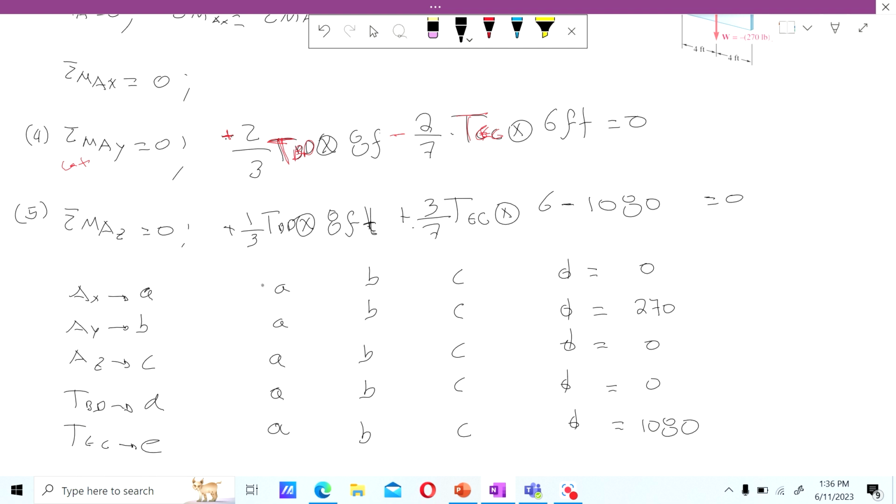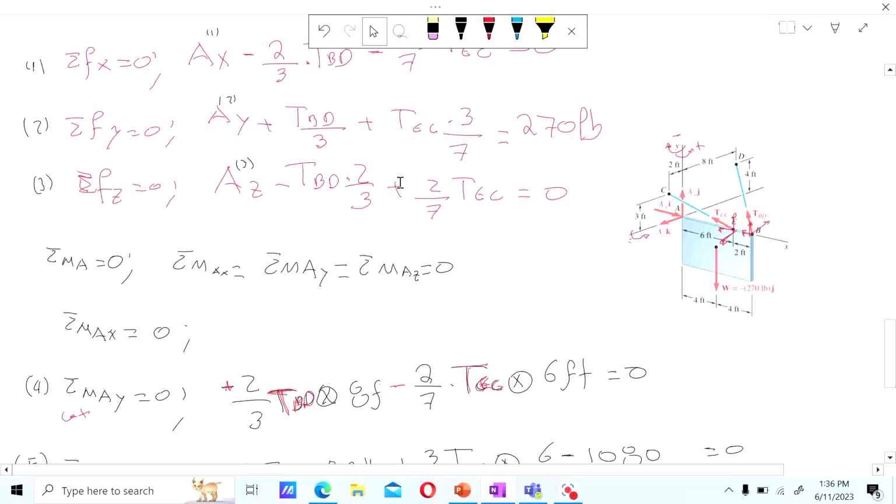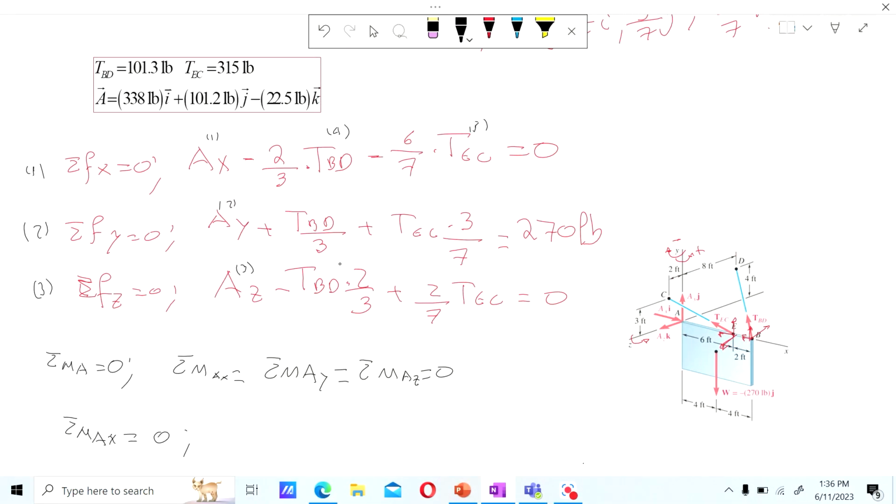And A is AX, so we have 1 AX, 1 AY. Basically we try to bring this set of equations to that system of equations.